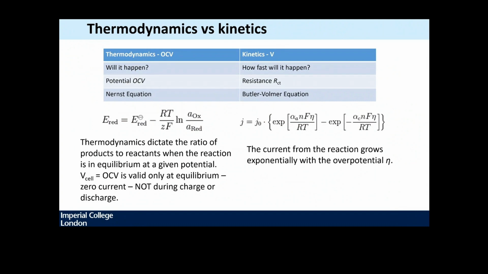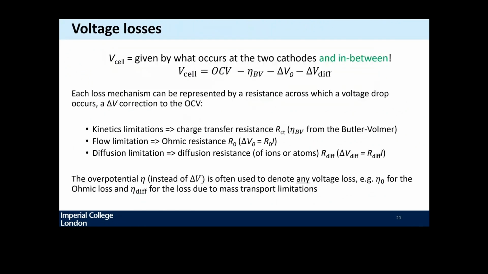Okay, and so we have the thermodynamics, and that's that picture by which I choose my materials, and we have the kinetics, which gives me the cost of driving the reaction out of equilibrium, basically of charging and discharging the battery, and this is still not enough. So the voltage that you measure at the cell will be this OCV given by the two Nernst potentials, this Butler-Volmer cost of the charge transfer reaction, but I have other voltage losses.